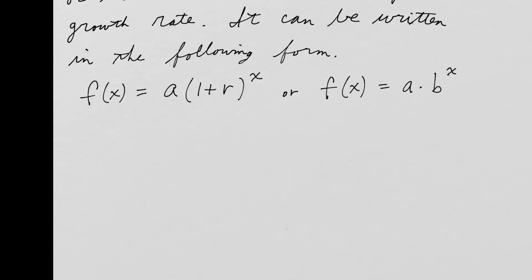And if you do that, we're assuming that b is equal to 1 plus r. Either way, there'll be some cases where we use the first form, some cases where we use the second form. Now, what are these parameters a, r, and b?